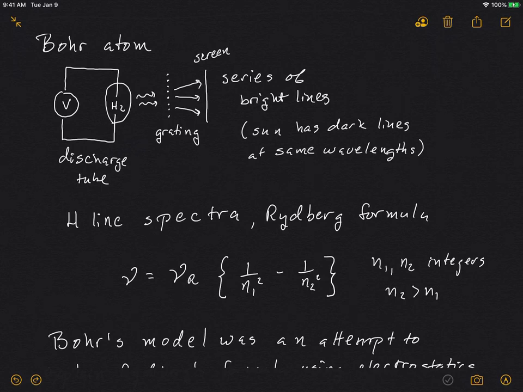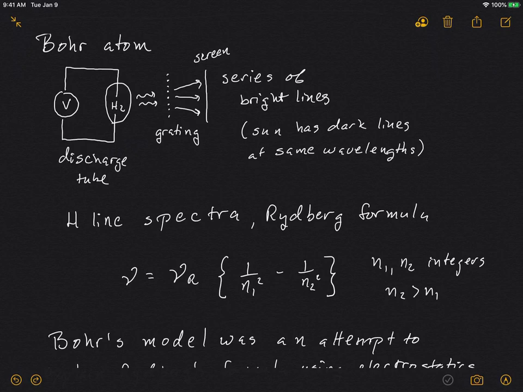In this particular case, it's about hydrogen, although you can come up with similar expressions for other atoms as well, other gases. But if you apply a voltage to this, then a plasma develops and there's a glow, and you can disperse that glow through a diffraction grating and look at a screen, and you see a series of lines.